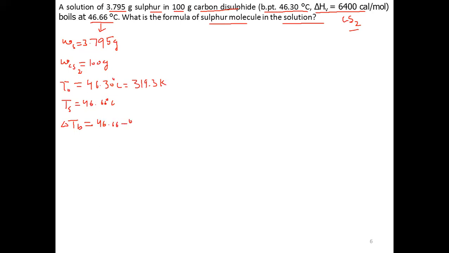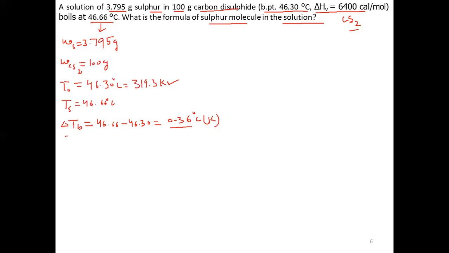It is 0.36. Now either you say degrees Celsius or you can also say Kelvin because the difference will be same. So 0.36 Kelvin, because we have to use this temperature, so better to say it as Kelvin.